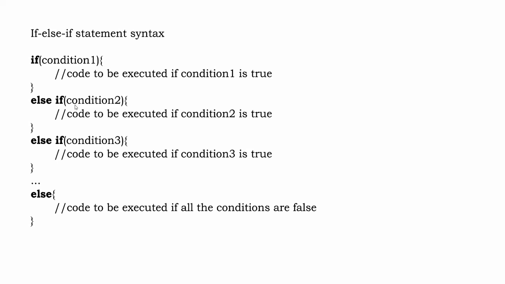If that is not satisfied, it will come and check the next else if block. If that else if block is satisfied, then it will come and check another else if block. Otherwise, it will execute the else block. At last, whatever block we have, in case of false, that block will execute. Let's see all of them with an example.